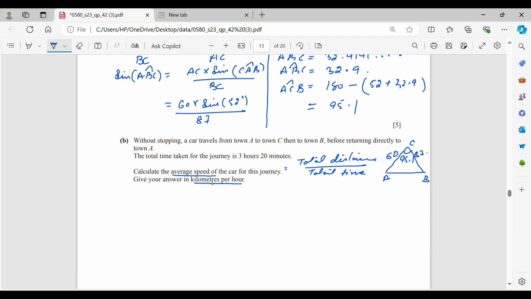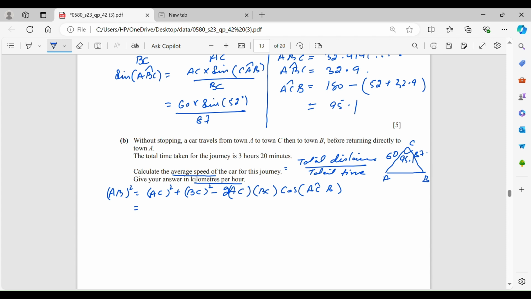So for AB we will use the cosine rule. AB square will be equal to AC square plus BC square minus 2 times AC times BC times cos of angle ACB, right? So we will substitute all the values.